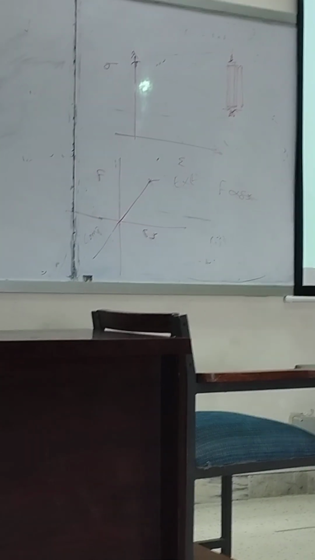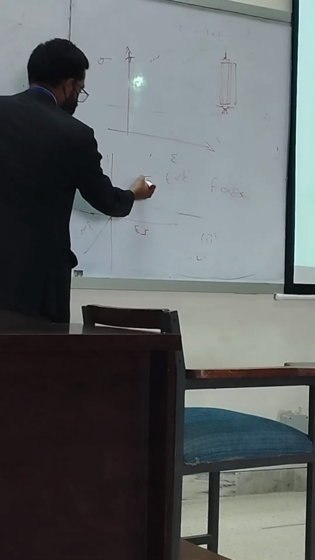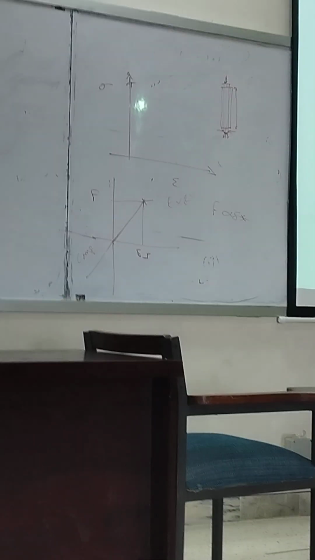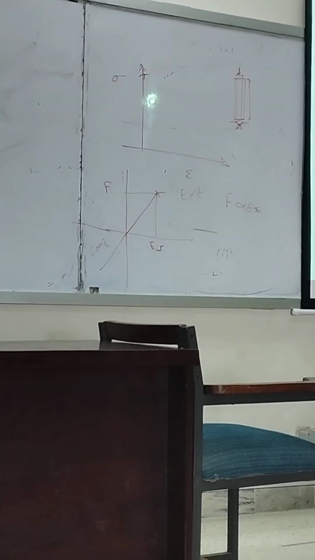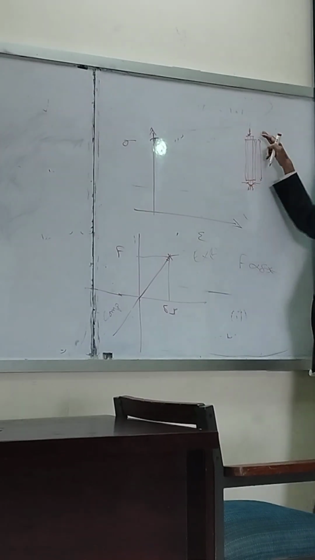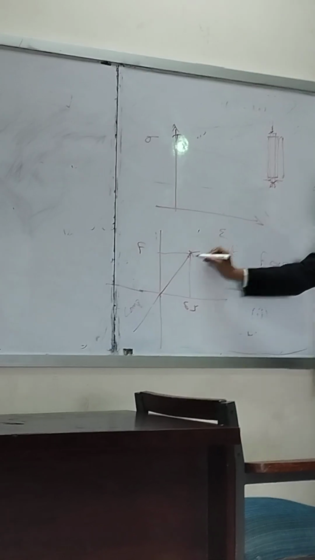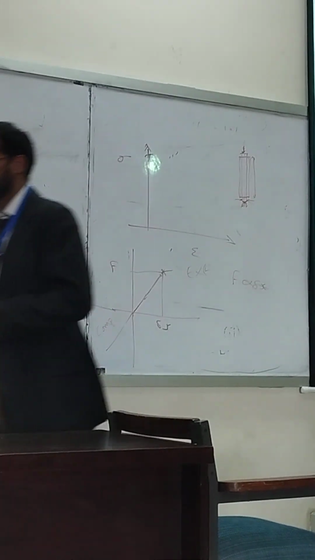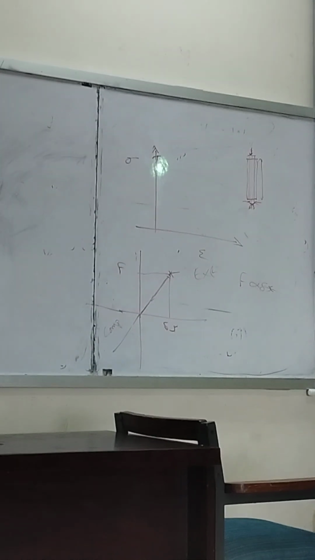So this region where we experience a linear behavior is known as the elastic region, or elastic behavior. In this region, if I unload the sample, what is going to happen? It is going to follow this curve, ultimately going to the origin, where the displacement is zero.